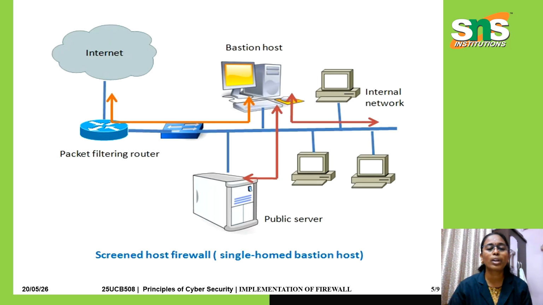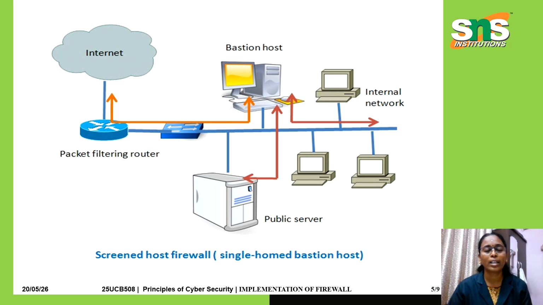This is the pictorial representation of the single bastion host. When the data is transferred from the internet or from the personal computer, it passes towards the public server. The bastion host has a firewall system, that is, it acts as an intermediator between the transmitter and the receiver.